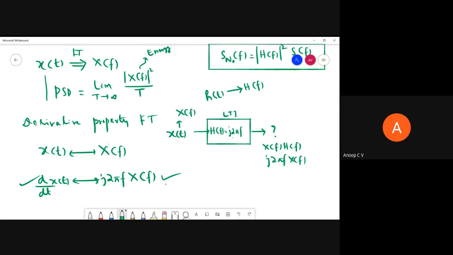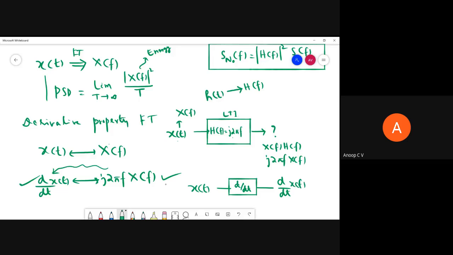See this: it's equivalent to X of f into j 2 pi f, which is equivalent to differentiation in the time domain. So it is equivalent to x of t passing through a differentiator, and I'm getting d by dt of x of t.